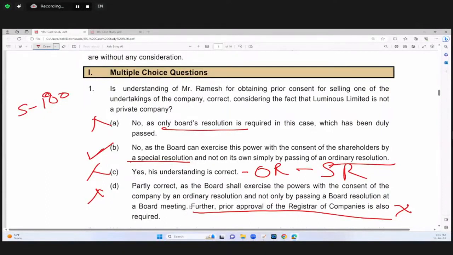They have to send a notice, and in that notice we have to mention that special resolution is required. And if the shareholders in the general meeting pass that resolution by 75% majority, then only the company can sell its undertaking. Yes, students, after this we will take a break for 5 minutes and then we will continue.